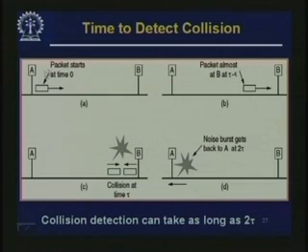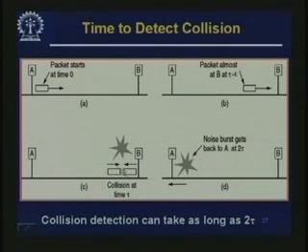Suppose a packet starts over here at time t equal to 0. The propagation time of the packet from one end to the other, suppose that is tau. So, at tau minus epsilon it has almost reached B.